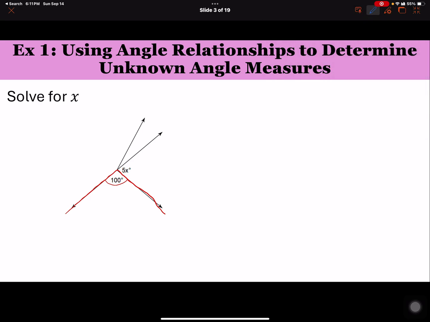And then here is angle 5x, and I'm going to trace it. Don't mind my rough trace, but when we traced it, what do you notice? Do you notice an X, a corner, or a straight line, or none of the above? You should notice a straight line. This is the straight line that was formed.